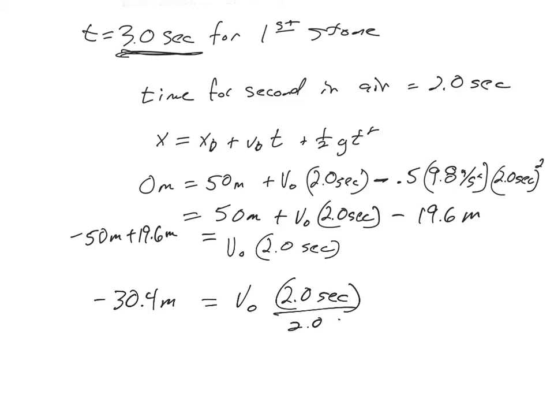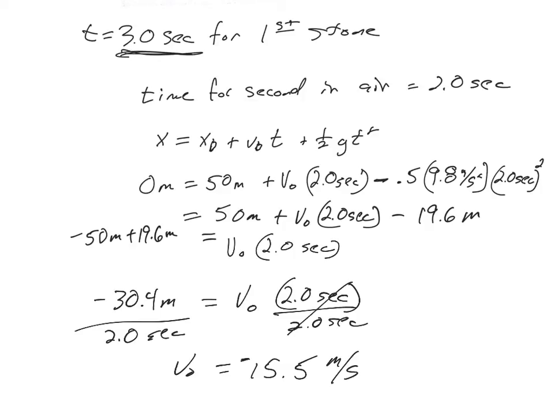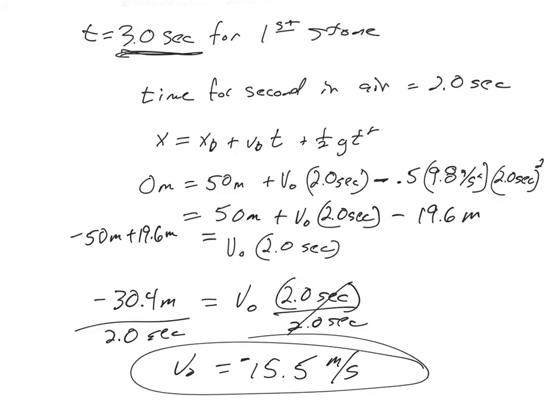Divide the seconds on both sides, and v0 would be divided by 2, 15.2. But it's negative. Negative just means down. I threw it down with an initial velocity of 15.5 meters per second, and negative would be down, and that seems to make sense. Alright, that's part B.